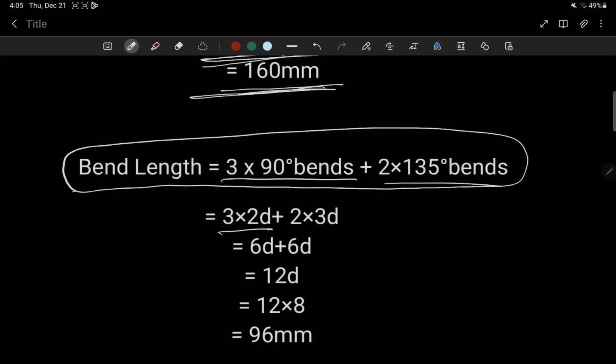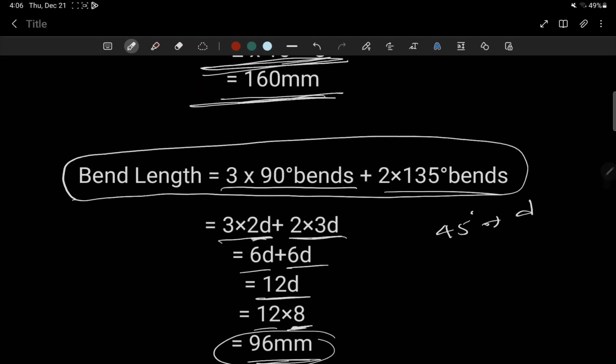So 3 into 2d for 90 degrees bends and 2 into 3d for 135 degrees bends. For every 45 degrees, d times is increased. So here bend length is equal to 6d plus 6d, total is equal to 12d. 12 into diameter of stirrup, given as 8 mm. So total bend length is equal to 12 into 8 is equal to 96 mm.